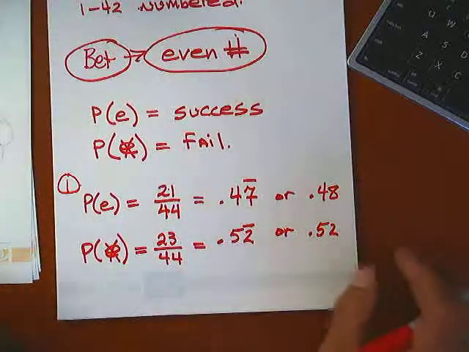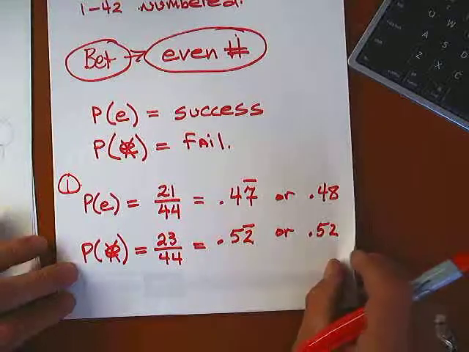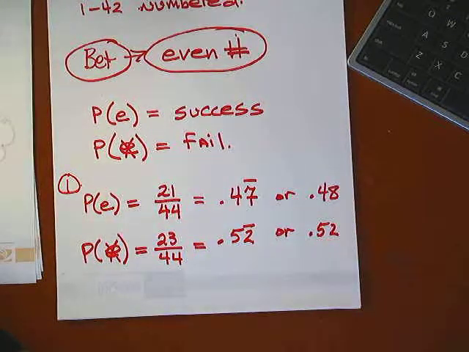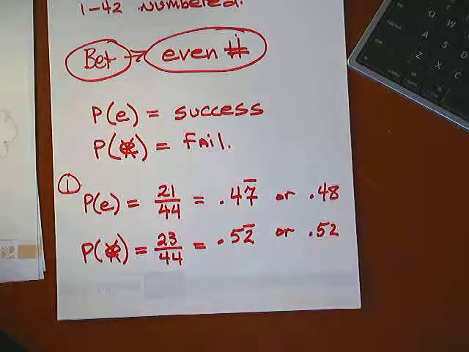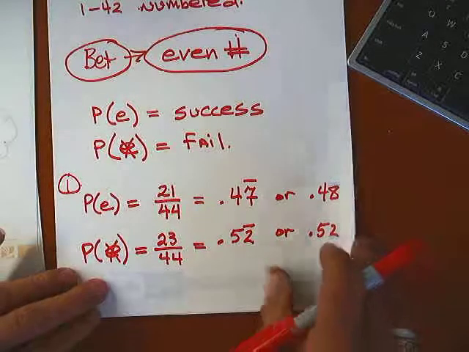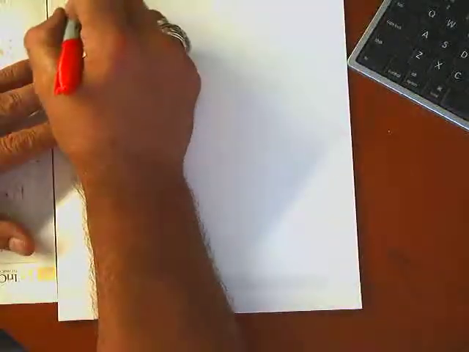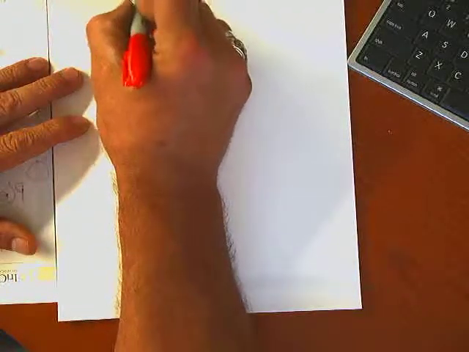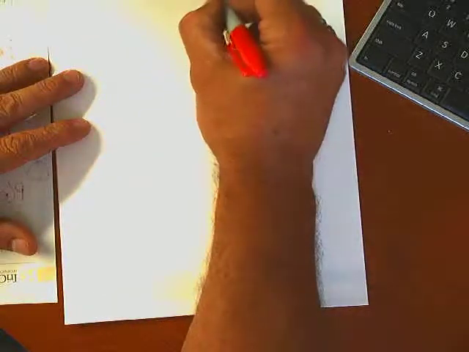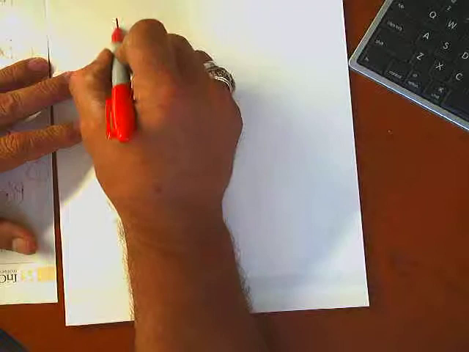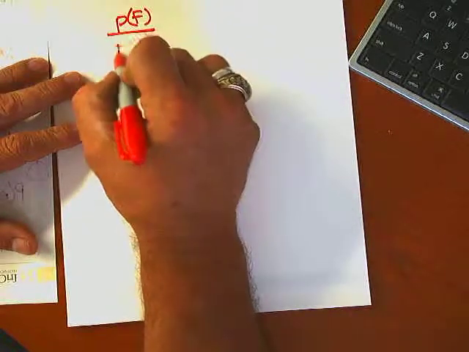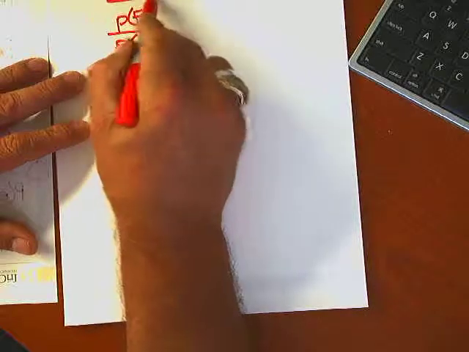And just take the complement of this, and that would be 0.52 repeating, or 0.52. Okay? Now, that's your first part. Your first part is to find the probability of success and the probability of failure.